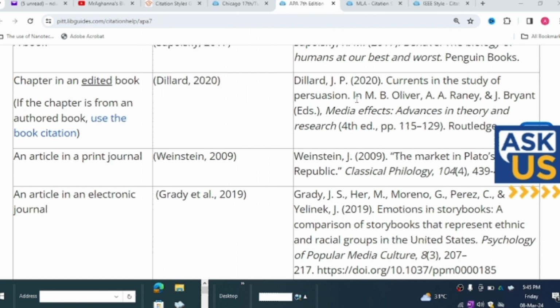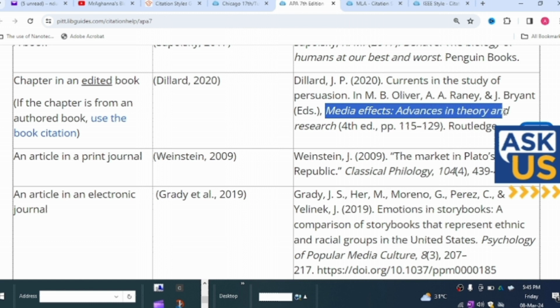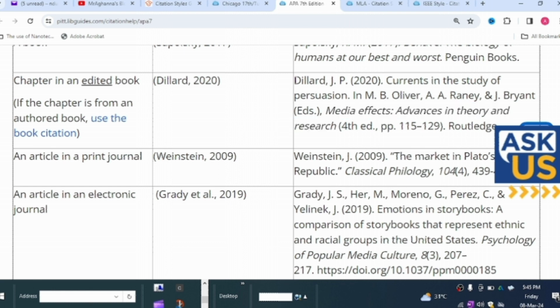You write in and include those editors that compiled the book, and this is the heading of the compiled book. This is more like the name of the textbook that you consulted, but the particular chapter was written by Dillard, right?